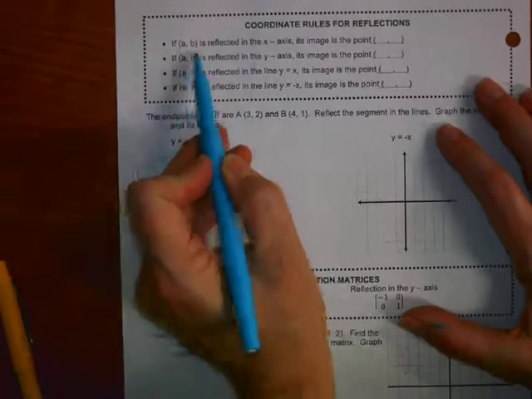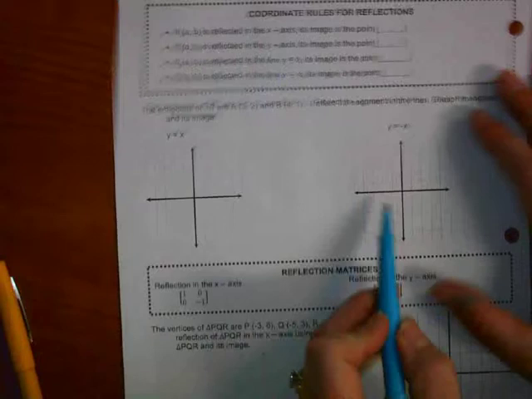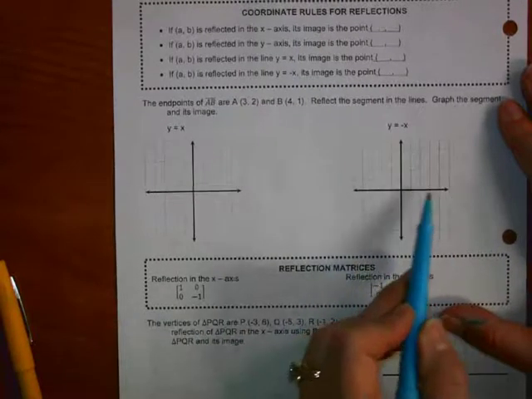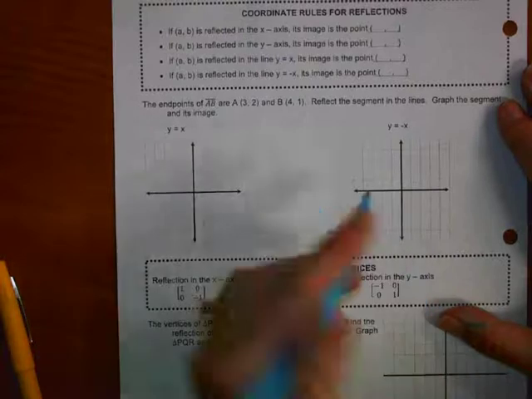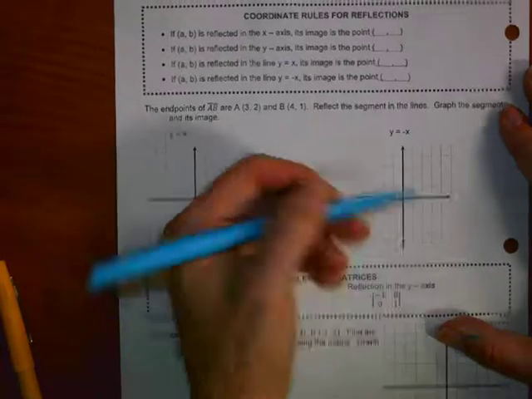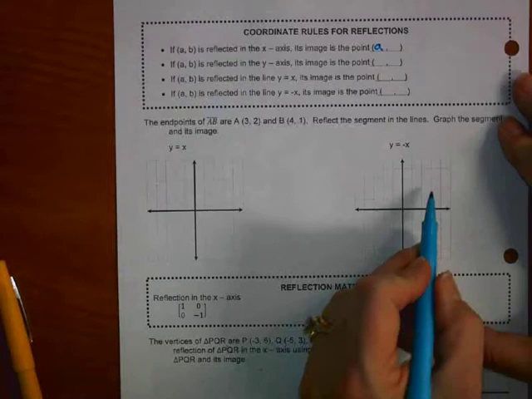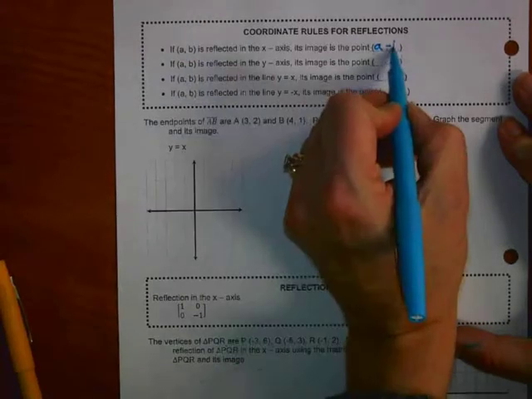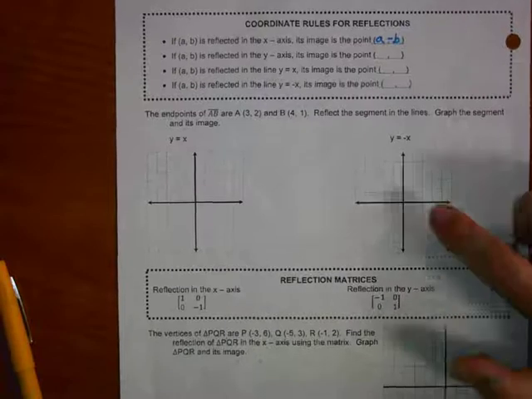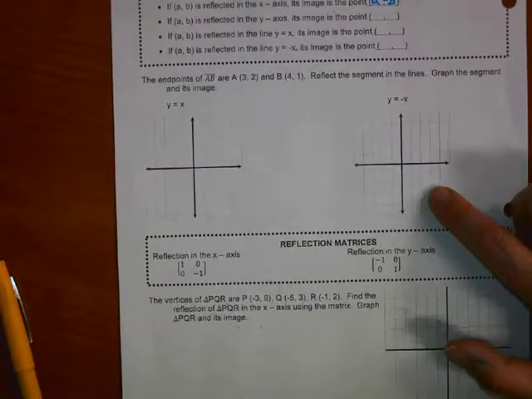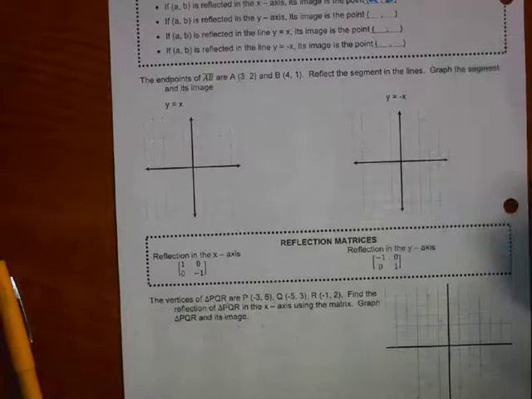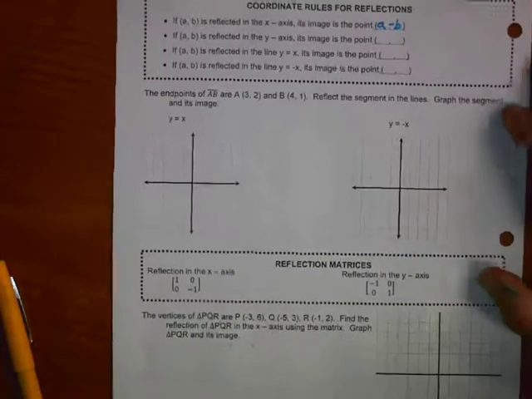Basically, if AB is reflected in the x-axis, this right here, its image is the point. Okay, so do the x coordinates change if it goes over this axis? No, so they stay the same, but what does change? The B coordinate here becomes its opposite. So if you started down here, the x coordinate would still stay the same, but the B coordinate would go from negative to positive. Just becomes its opposite.